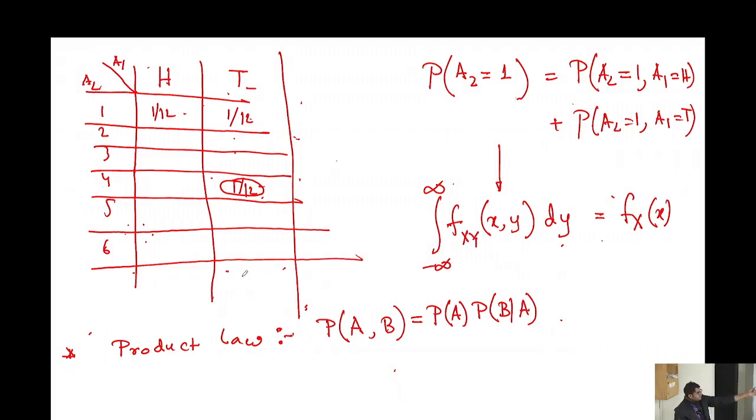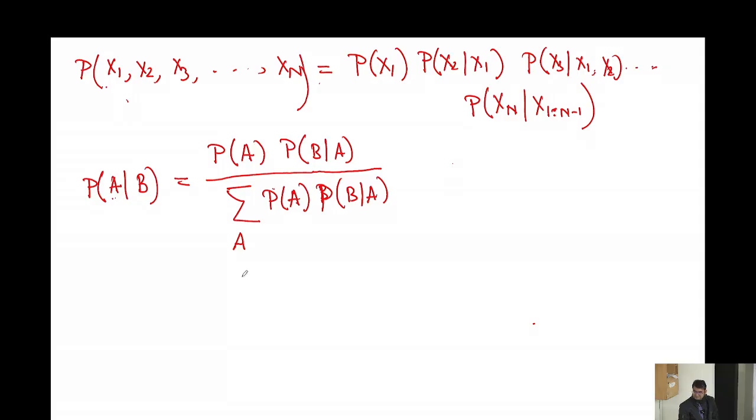So look at this. A given B or B given A, let's take A given B. A given B is equal to what, from this product law? Probability of AB divided by probability of B, right? So probability of A given B is equal to probability of A comma B divided by probability of B, right?